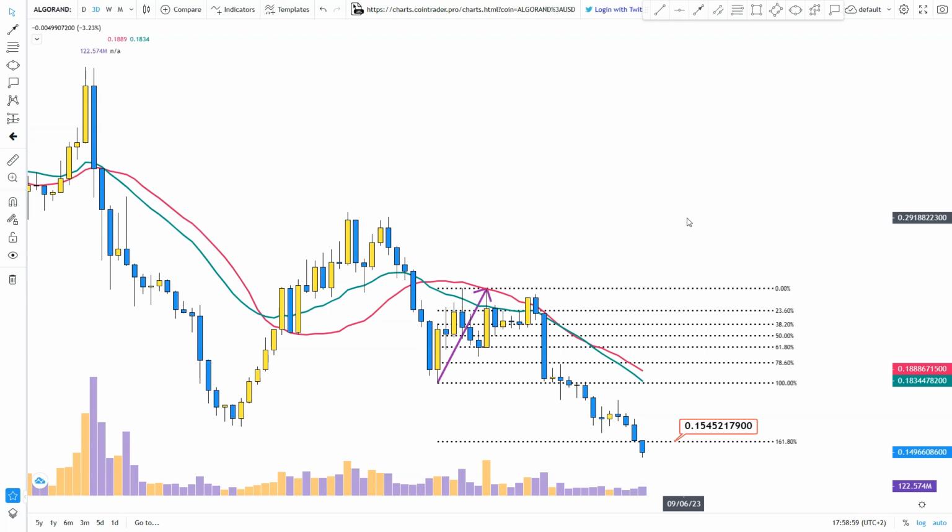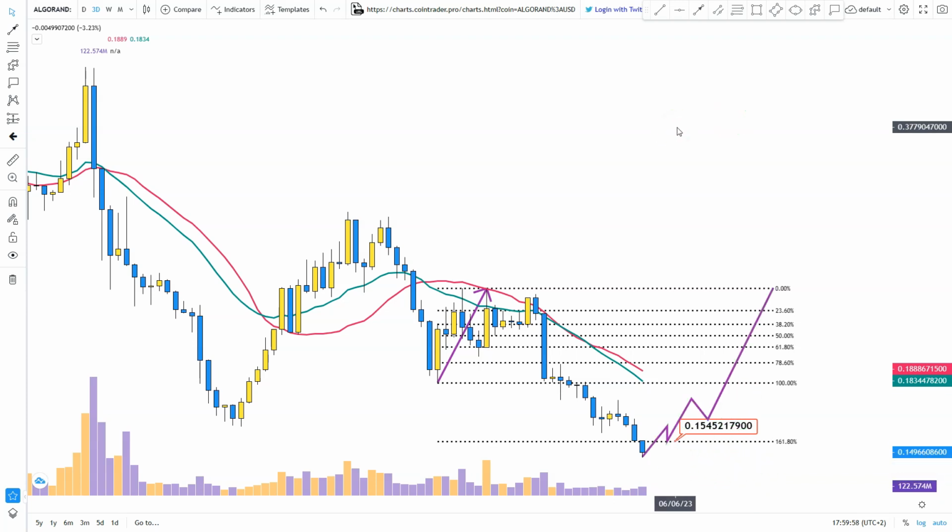So I don't want to go into details how low we can go if we close the next candle somewhere in this region. But for all the bulls out there that are holding Algorand, the great thing would be if we could hold 161.8, not take it off and live below it, but above it.